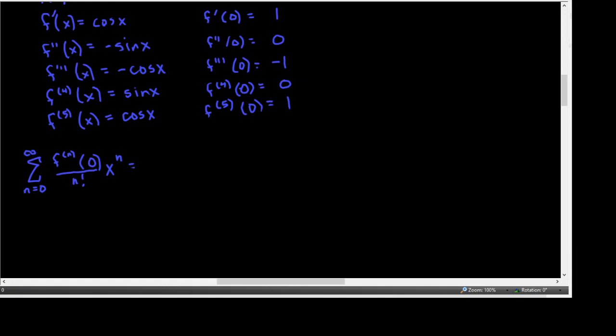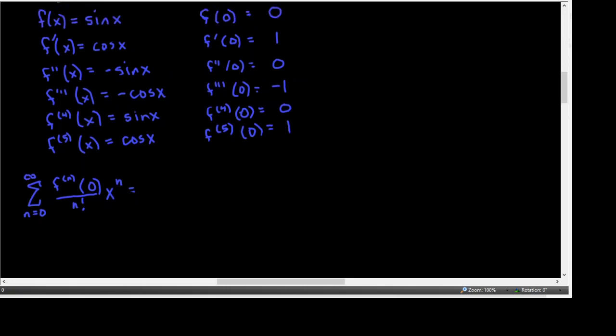Okay, so here we go. So we'll do the 0th derivative, that is the function itself. Answer at 0 is 0 over 0 factorial times x to the 0.